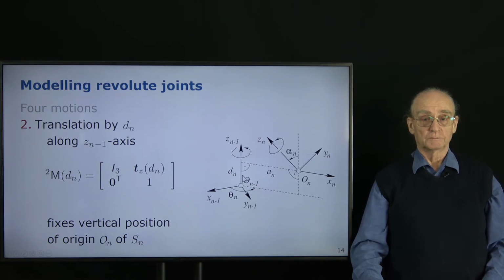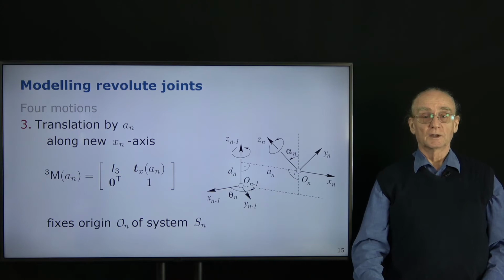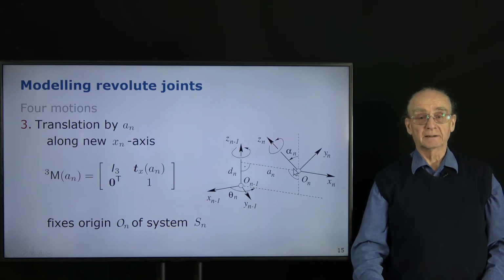That's the second motion. The third motion is we need to specify how far this origin is from the z-axis. This is the parameter an, and by definition it's a positive value. And that means up to this point we have fixed the origin ON in this original coordinate system.